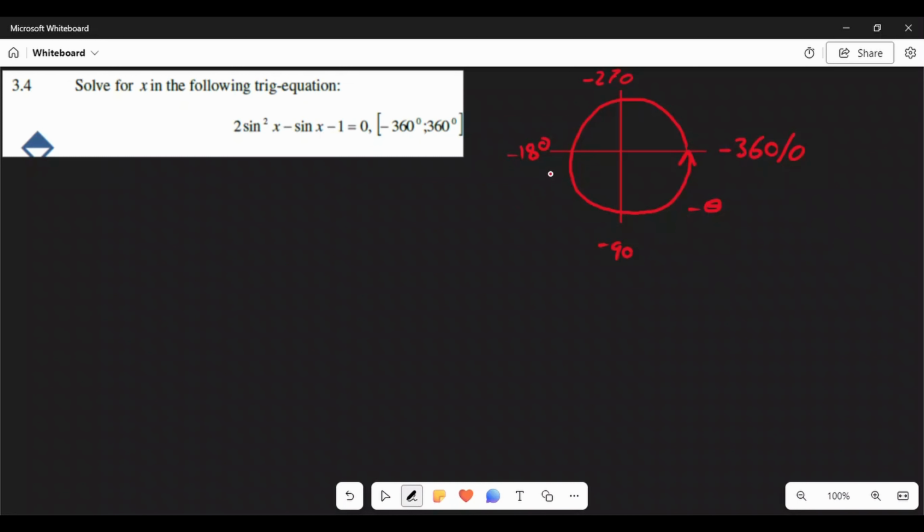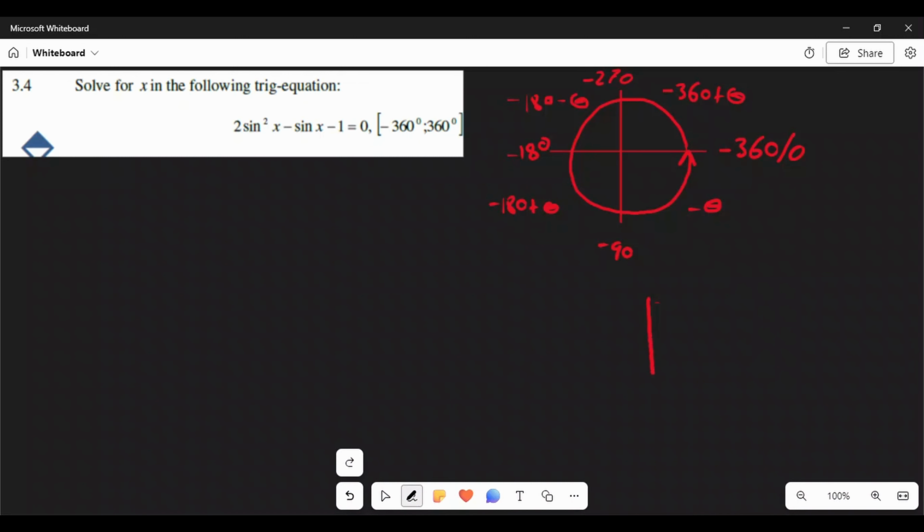The third quadrant, remember we are going backwards here, we represent it with negative 180 plus theta. The second quadrant, we represent with negative 180 minus theta. And the last quadrant is going to be negative 360 plus theta. Remember, these are the quadrants when we are moving from negative 360 to 0.